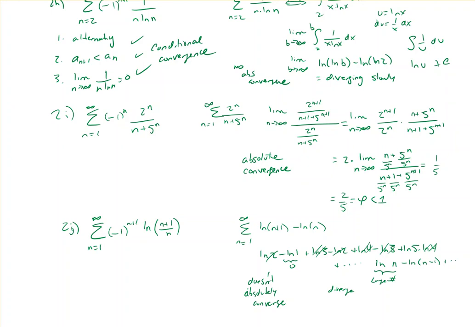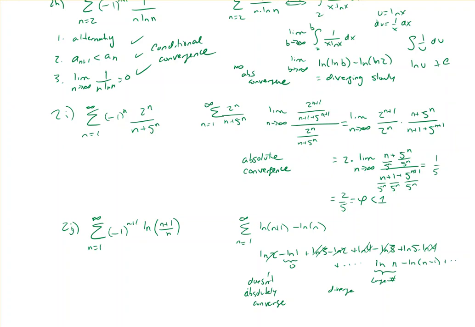The limit comparison test for this problem would be to compare it to 1 over n. You're going to get a non-zero constant for the limit, and therefore you know they both converge or diverge together. And because 1 over n diverges, the ln of (n plus 1) over n will also diverge.